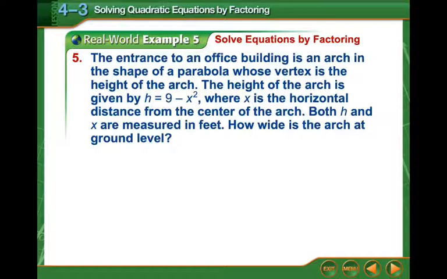So what we're looking for is when our h is equal to 0. And of course our formula that's given to us, h is equal to 9 minus x squared. So that means we have zero equal to 9 minus x squared.